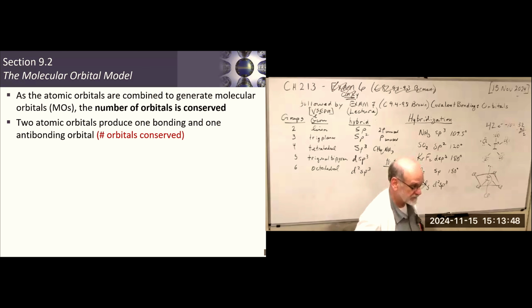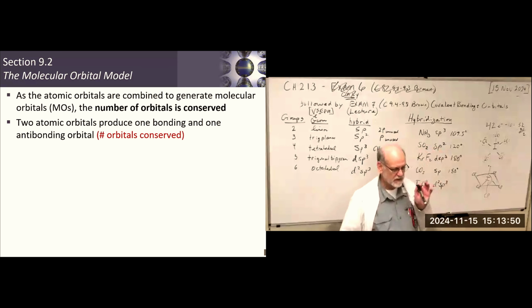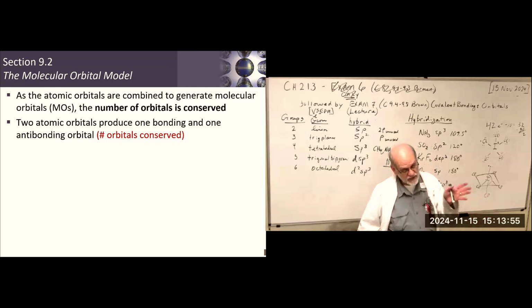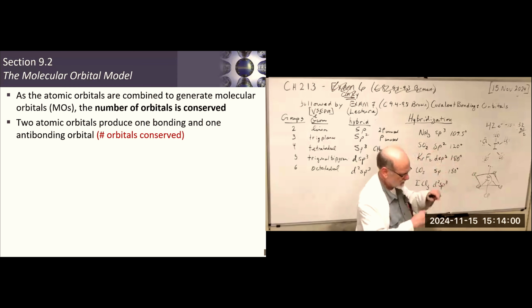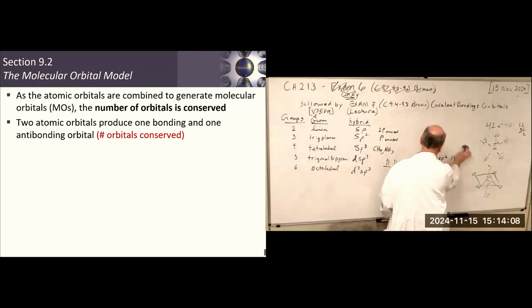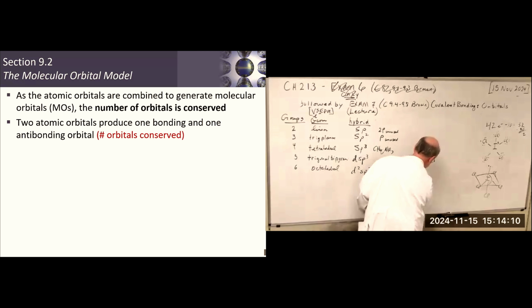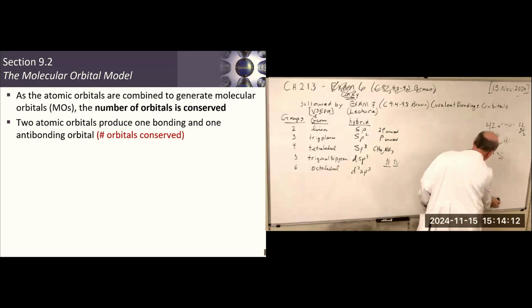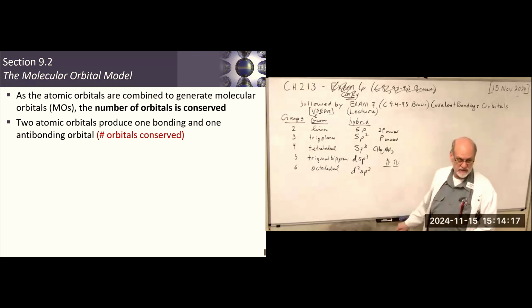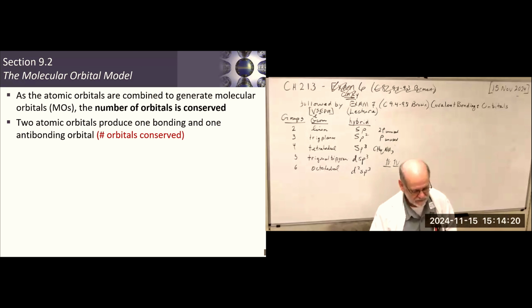Now, the way we do that is we create one type of orbital called the bonding orbital and another type at a higher energy level called the anti-bonding orbital. And I'll show you a picture. I'll draw an energy diagram here in a minute. That will hopefully make that a little clearer. This can get really complex really fast. And it can get so complex that you can't do the calculations by hand. You need a computer. So we're just scratching the surface.